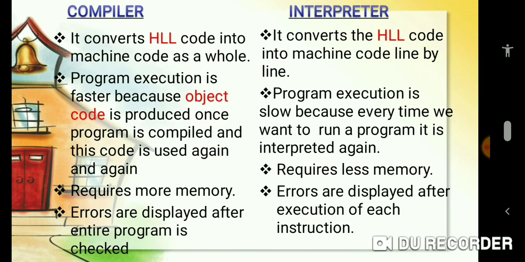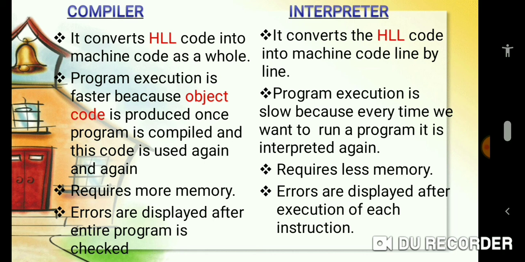Both are software programs, but compiler converts high-level language into machine language as a whole program, whereas interpreter converts high-level language into machine language line by line. That is, compiler compiles the complete program at once, but interpreter executes the program line by line.